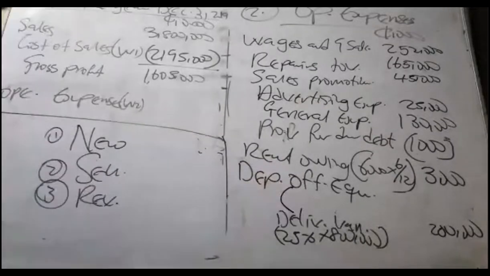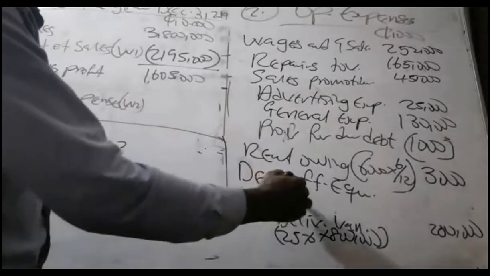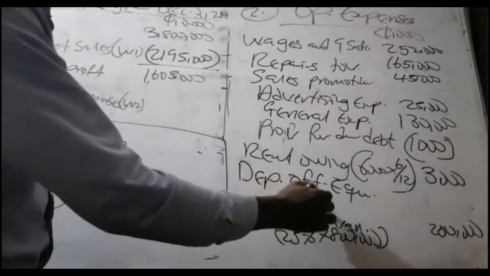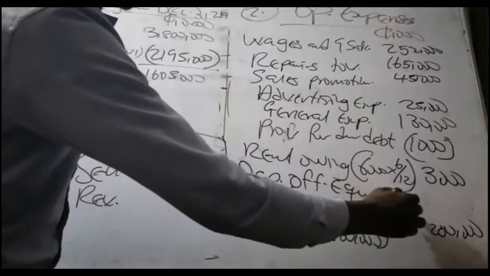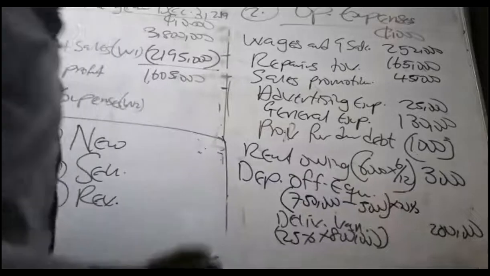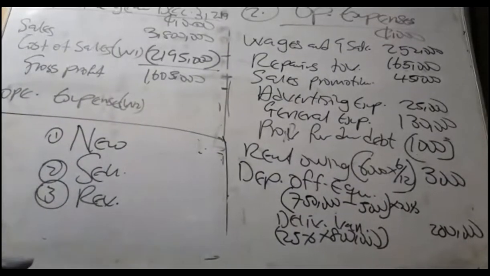Good. So that would be office equipment. Open the bracket. Take the overall item, so 750 minus the 5,000, now times 20%. Make sure that the depreciation you calculate is based on the existing assets.